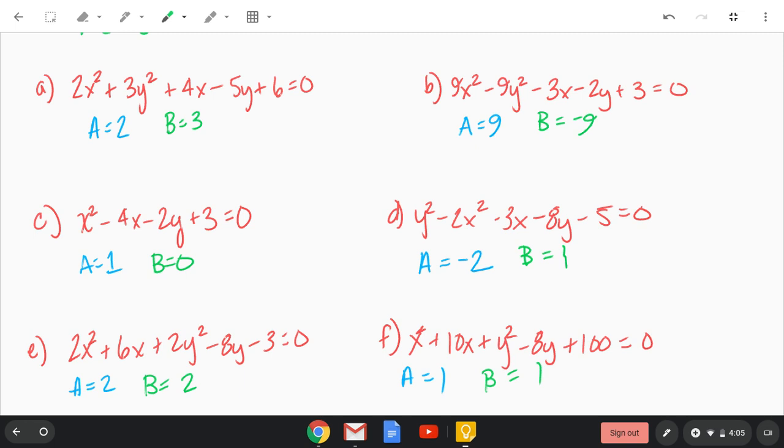Okay, so now we just go to our rules. This first one, not equal. When I multiply them together, it's positive, so we would have an ellipse. Okay, second one, not equal. When I multiply them together, it's negative, so I would have a hyperbola. Okay, next one, B is 0, which means this is going to be a parabola.